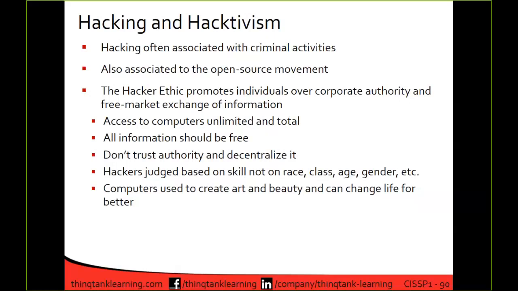The actual term itself, hacktivism, has been around for a while. The Cult of the Dead Cow, CDC, was the one that originated or coined this phrase way back in the day. The reason I know about this is because of where it came from.